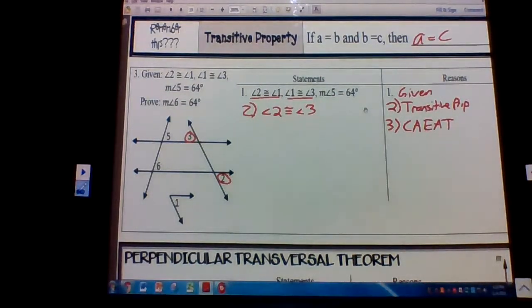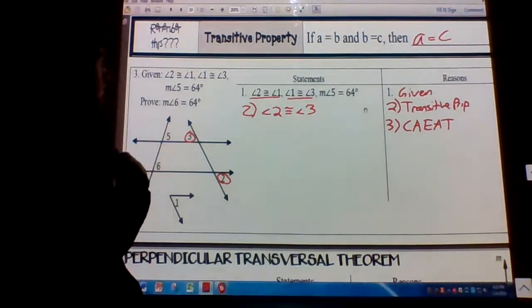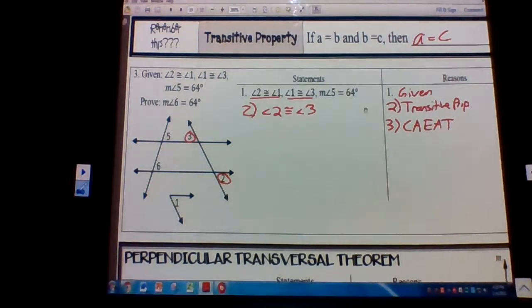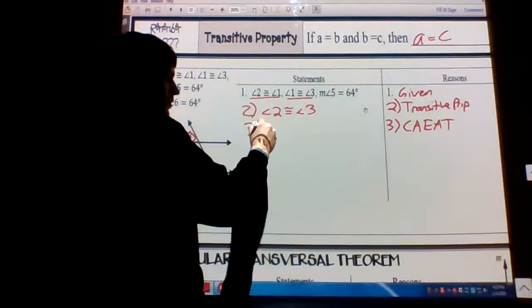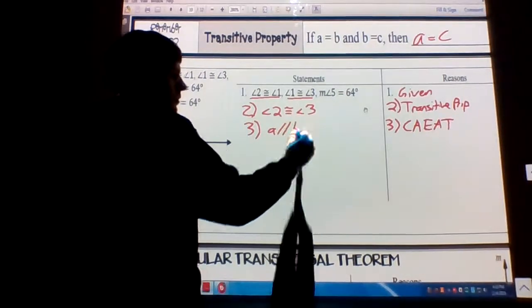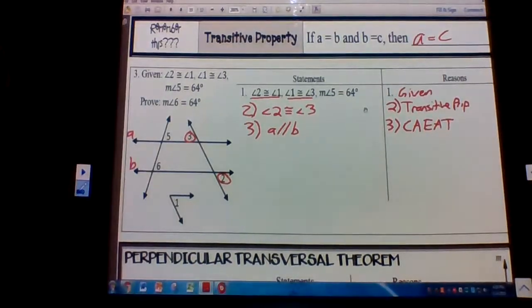If our alternate exterior angles are congruent, then our lines are parallel. So we can then conclude that these two lines here, which don't have names, let's give them names, A and B. We can conclude that line A and B are parallel. And if our lines are parallel, our theorems are all going to work.